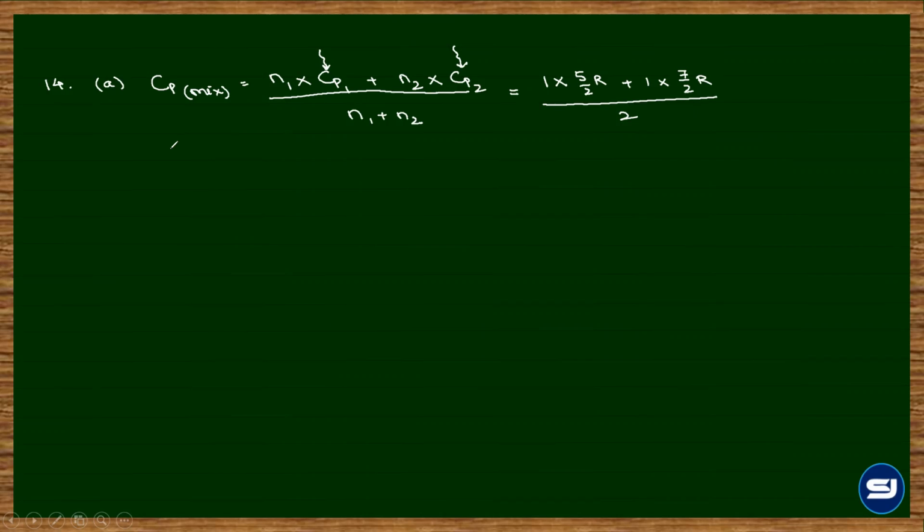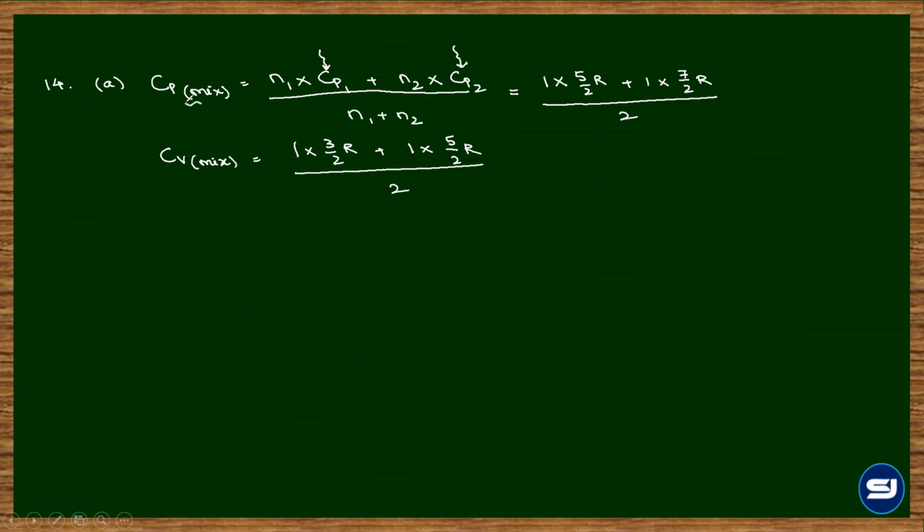Similarly, find Cv for the mixture. That will be 1 into 3/2 R plus 1 into 5/2 R, and upon 2. Clear? Yes, sir. So R cancels off. Now when you take the Cp by Cv ratio, it comes out to be 1.5.